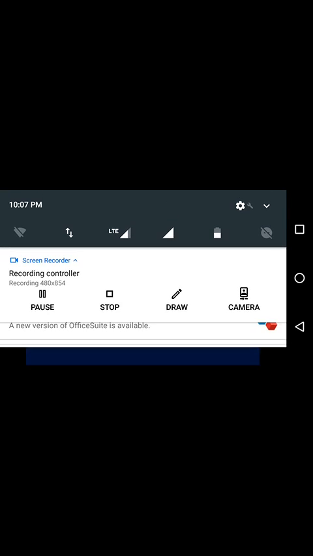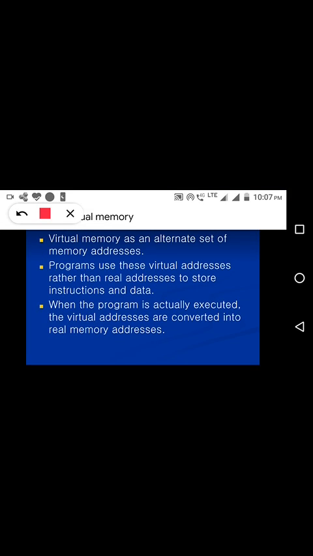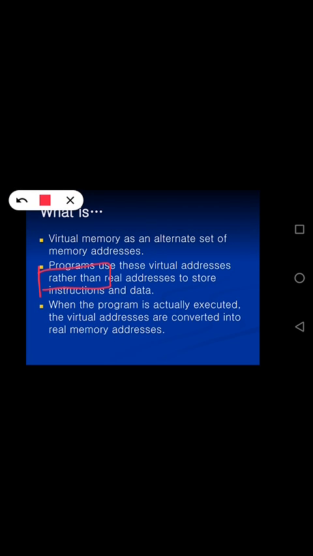Let us assume this is my processor. The processor is a combination of CU and ALU. When this processor issues an address, it is called a virtual address.